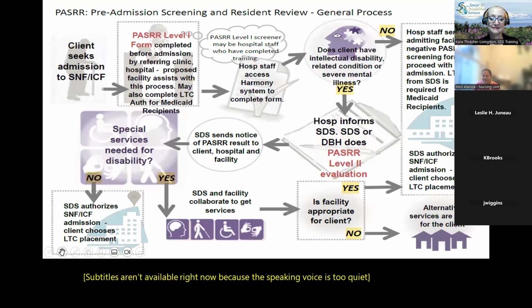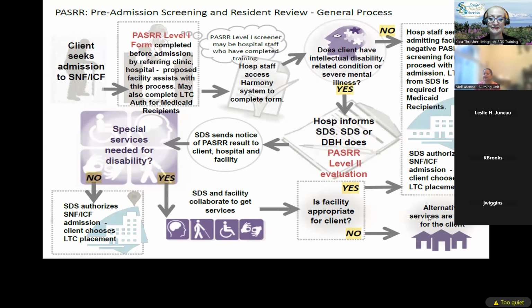All right, so this is probably familiar to you. This is what we have available online, our PASRR pre-admission screening and resident review general process. We've updated that to reflect what the flow of the new process is going to look like. We start off by identification when a client is seeking admission to the skilled or intermediate facility, to the long-term care facility.